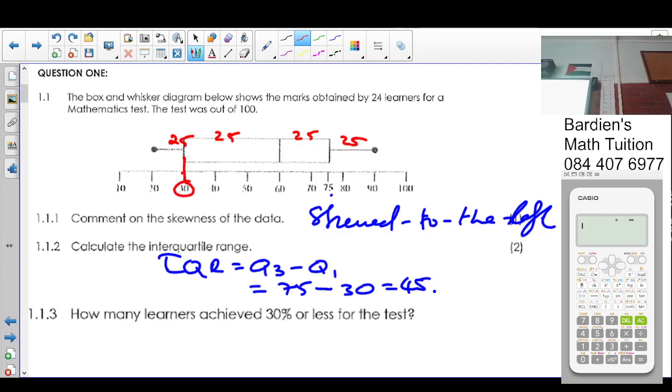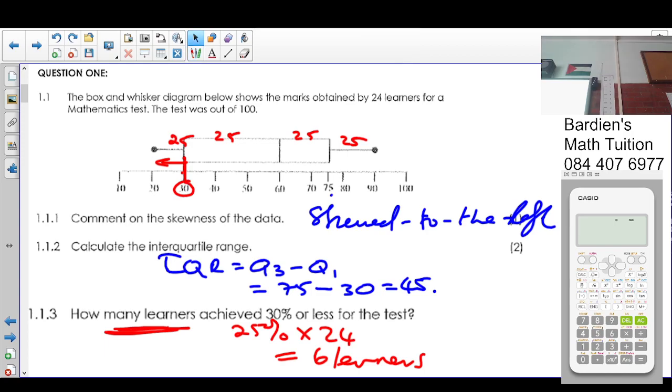So how many scored less than 30%? 25% of the learners. They want to know how many learners. So since there are 24 learners, 25% of 24. So a quarter of 24 is 6 learners. Okay. You guys understand? Alright. Let's carry on.